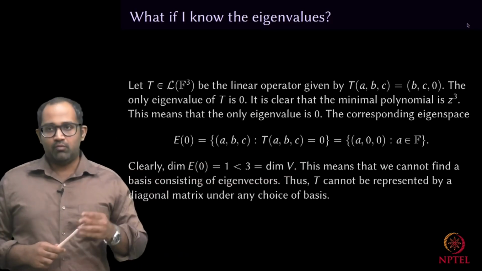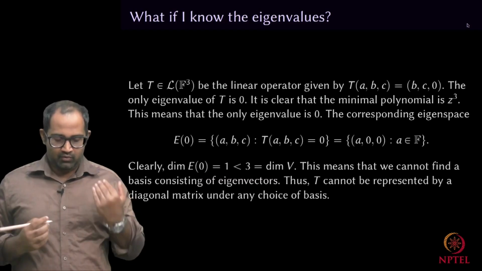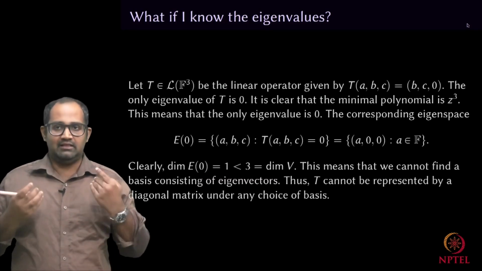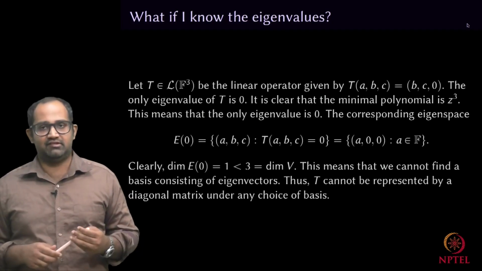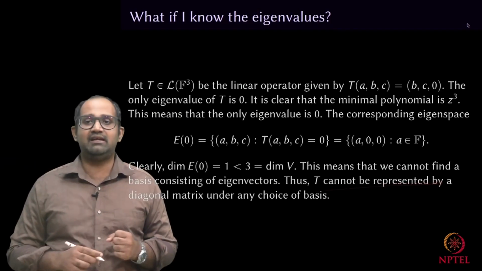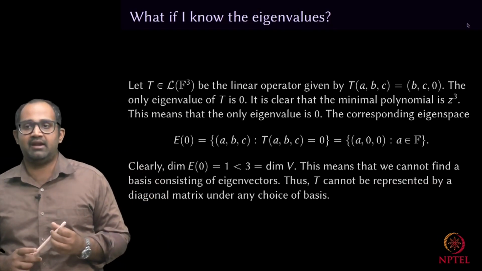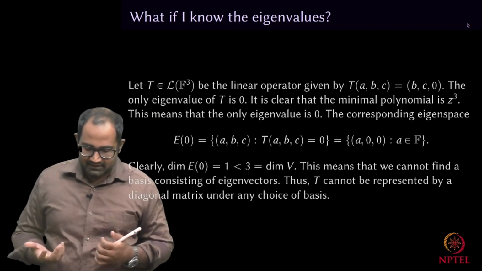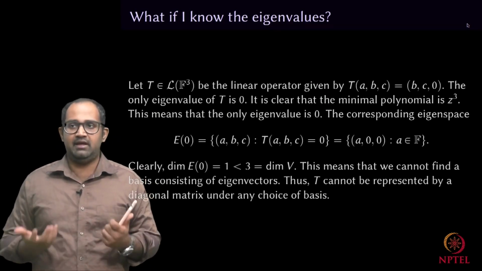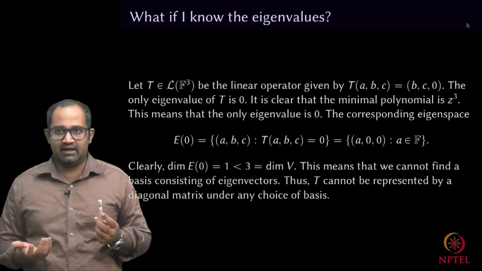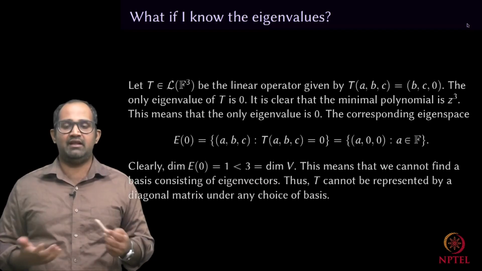So if you look at a basis for E_0, there is only one vector in it, and therefore you cannot get a basis consisting of eigenvectors. Thus, you cannot represent T as a diagonal matrix under any choice of basis. So even a simple operator, T(a,b,c) = (b,c,0), is not diagonalizable simply because there are not enough eigenvalues.